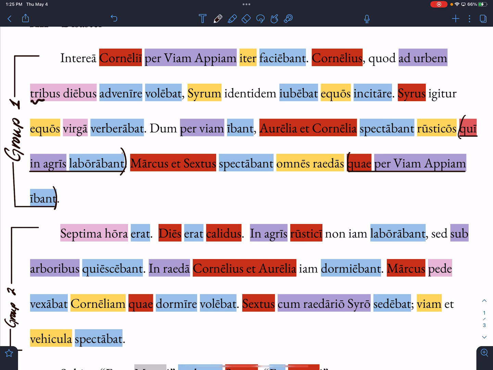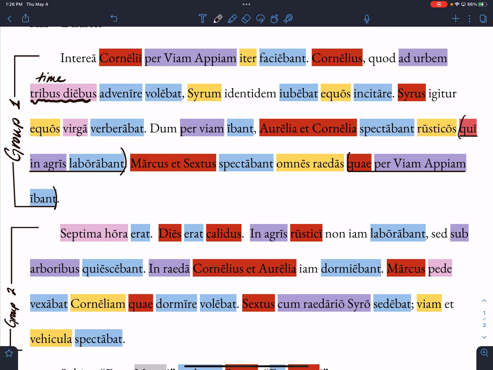I've marked up tribus diebus as what case, everybody? Ablative. We learned last week about different types of specific ablatives. There's no preposition with tribus diebus, correct? So what kind of ablative do we have here? Ablative of time. Good.